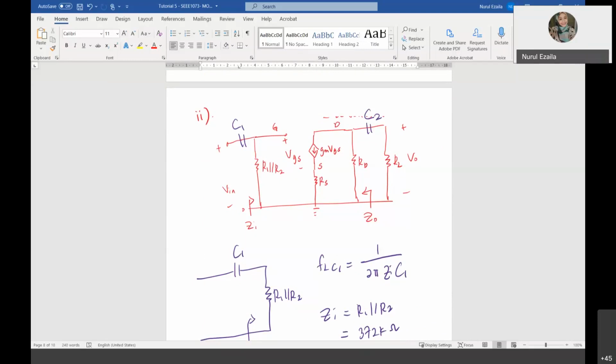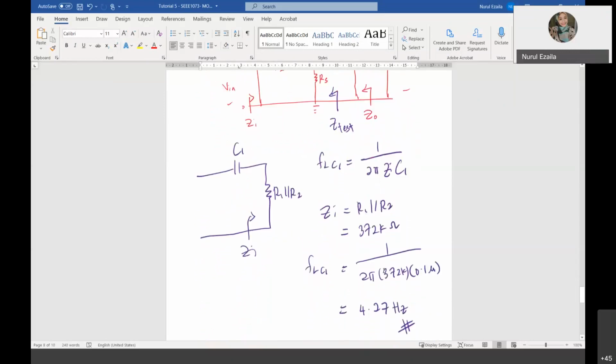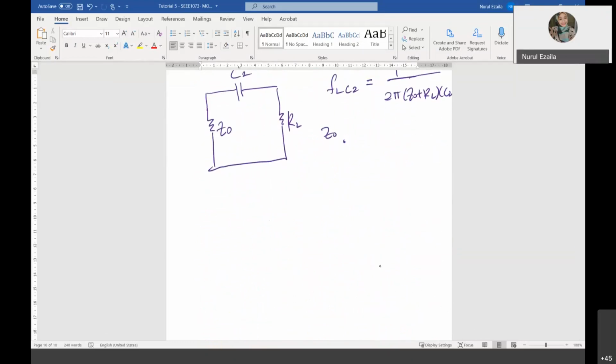You need to look at the derivation in the common emitter; you should be able to derive it. Therefore, Z out is equal to RD parallel with Z test.